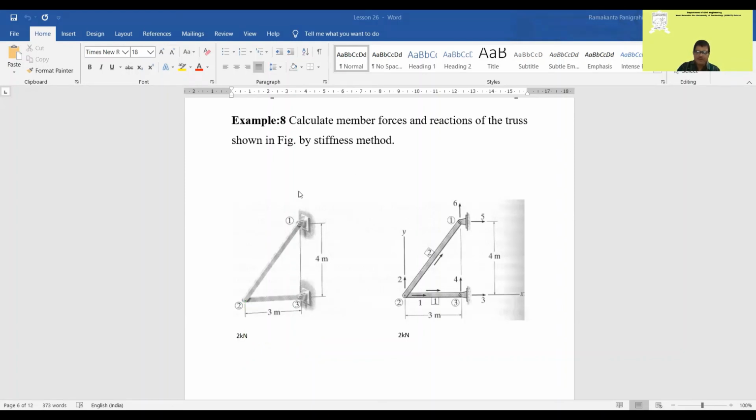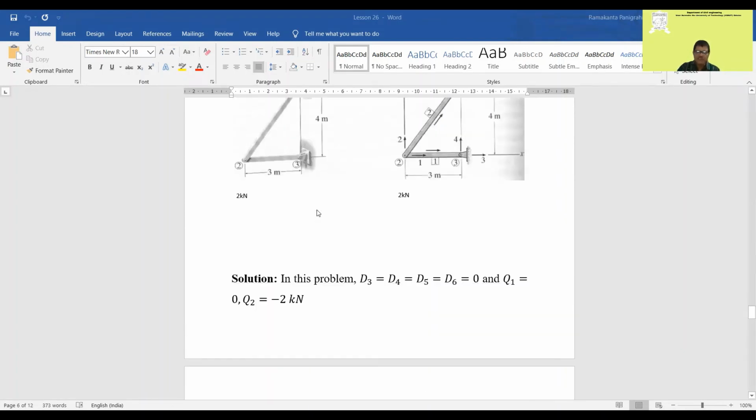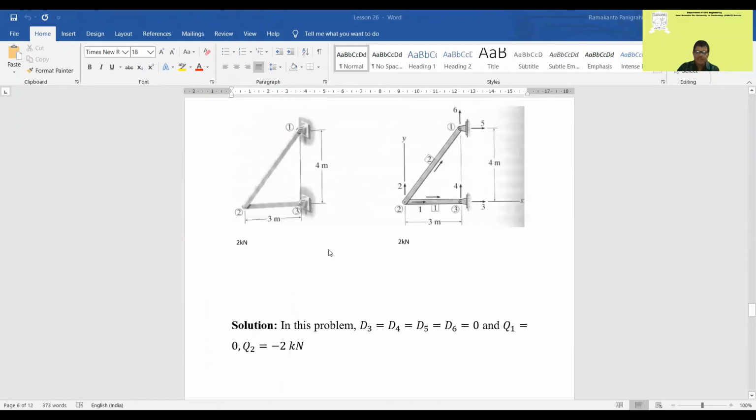Now for finding member forces, you have to see this problem. What is the situation? What are the displacements? What are the coordinates you have given? They are given 1, 2, 3, 4, and we have given 5 and 6.